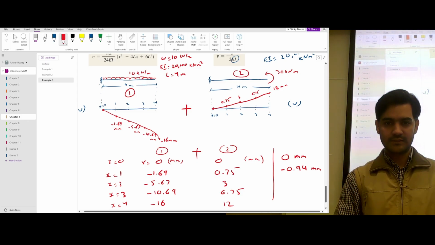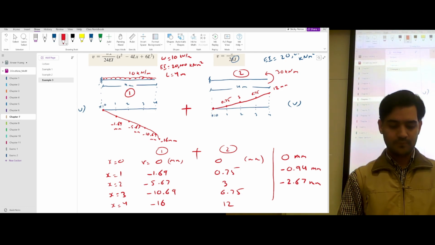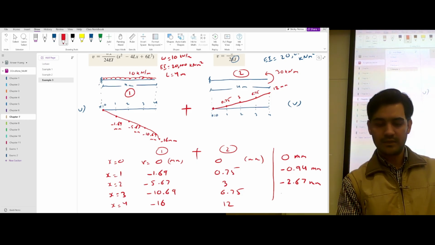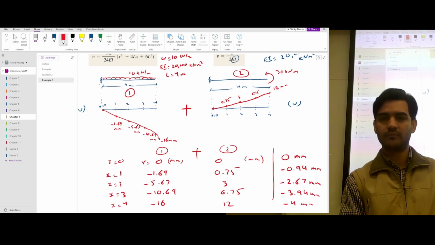Minus 5.67 plus 3 is negative 2.67 millimeter. Negative 10.69 plus 6.75, I'm going to get negative 3.94 millimeter, and here I'm going to get negative 4 millimeter.